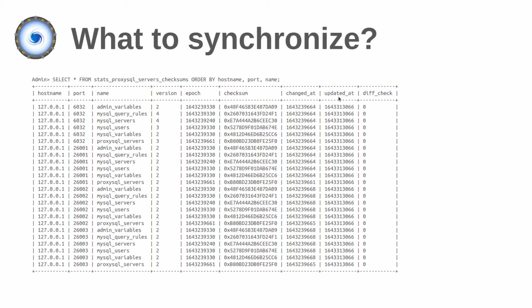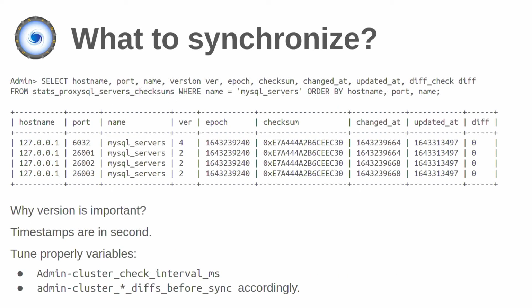Now, there is way too much information here, so let's zoom in on one specific module. In this case, the module is mysql_servers. Here we are seeing 4 nodes, so we see the hostname and port. The name is identical for everybody: mysql_servers. The version is important.